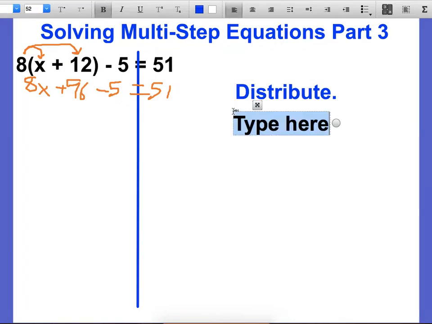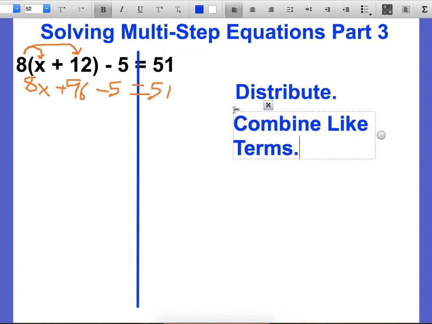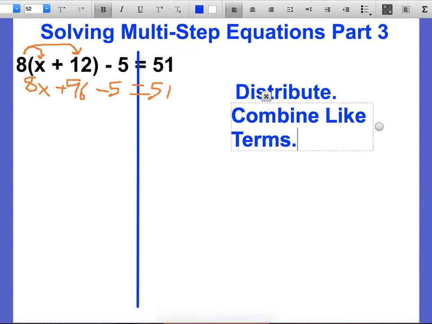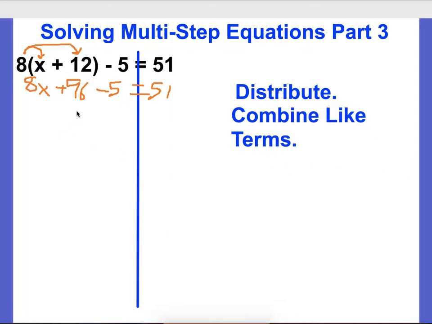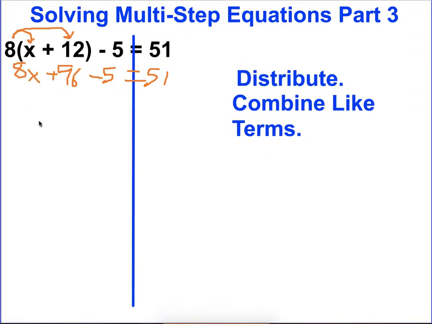So now we'll write combine like terms. So when we do that, we'll go ahead and say, well, 8x is just 8x. The like terms, though, I have 96 minus 5, so that's plus 91. Equals 51.